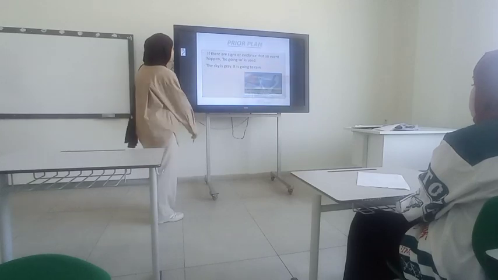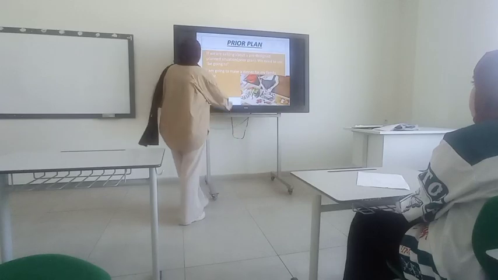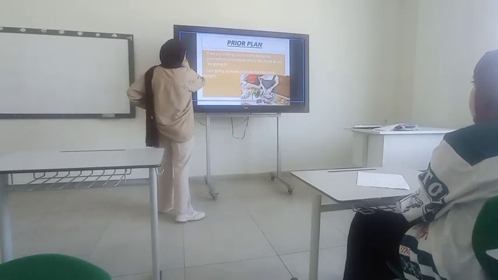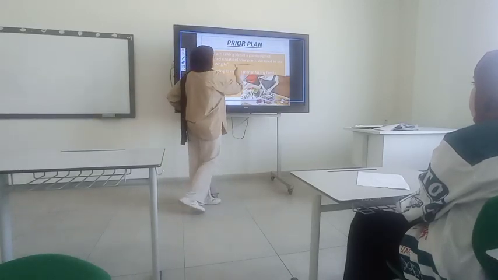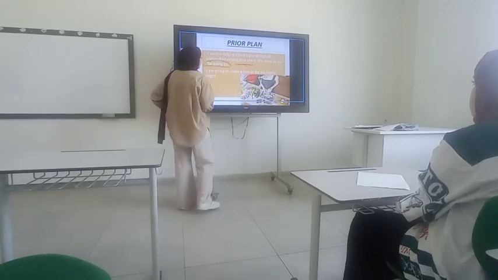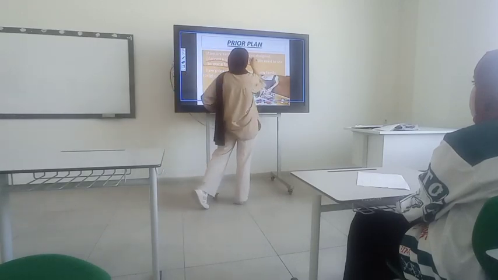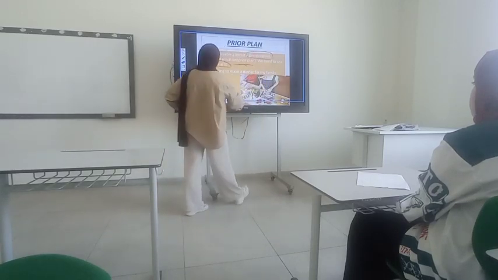And the other one is a pre-designed plan. If we are talking about a pre-designed plan situation, we need to use be going to. So we have to have a pre-designed plan.